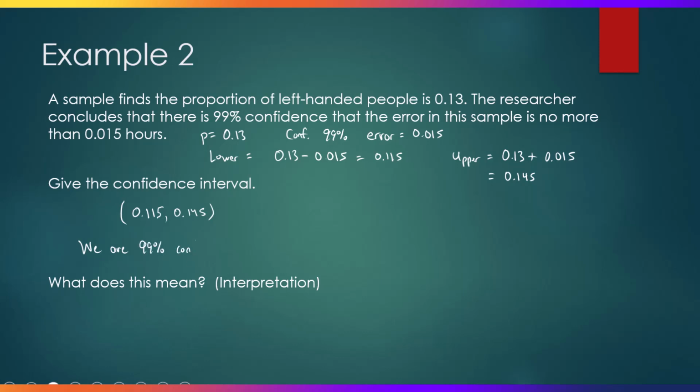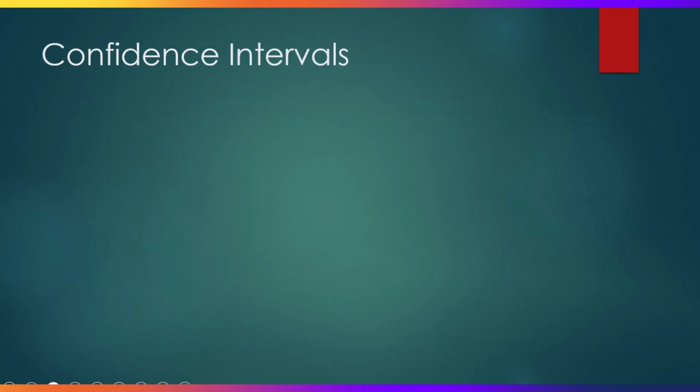We want to make sure we have our confidence level in there, that the population proportion is between 0.115 and 0.145. And if I wanted to add, I could say the population proportion of left-handed people is there. And sorry about the hours error.